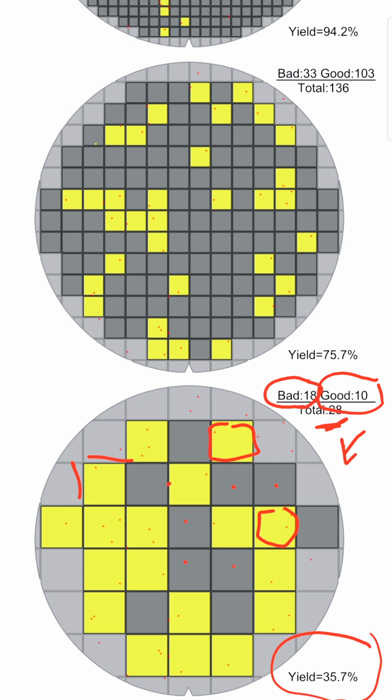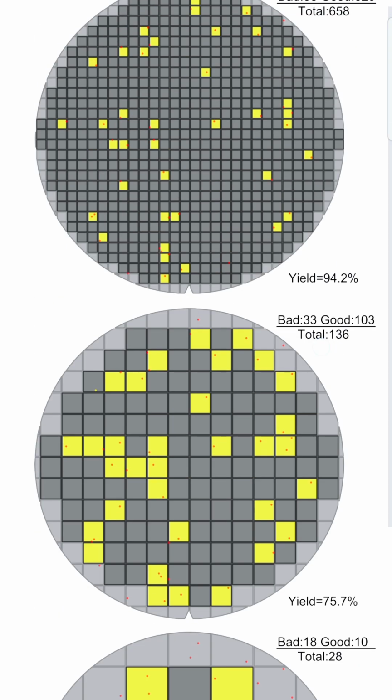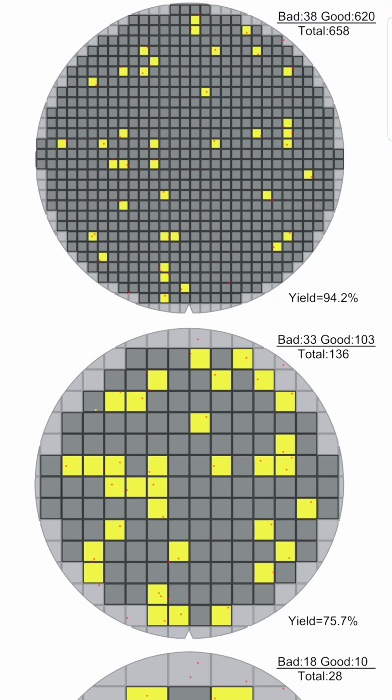Usually a yield of about 94%, as you can see right here, is a good production example. 75% is also acceptable in some cases. So that is the overall concept of yield.